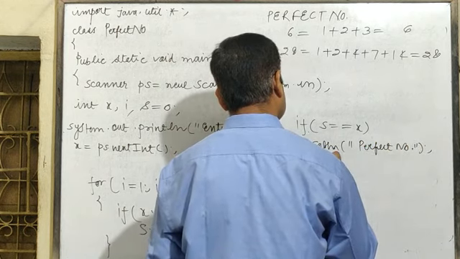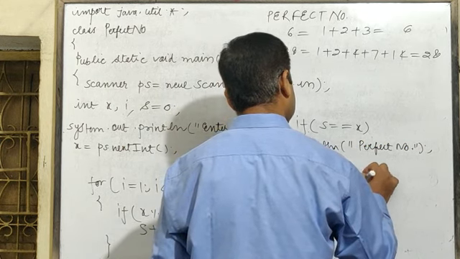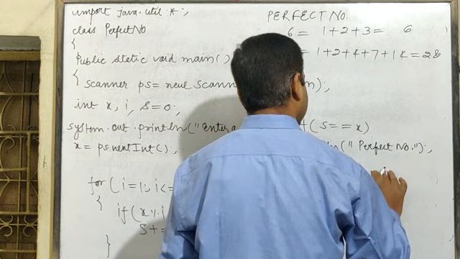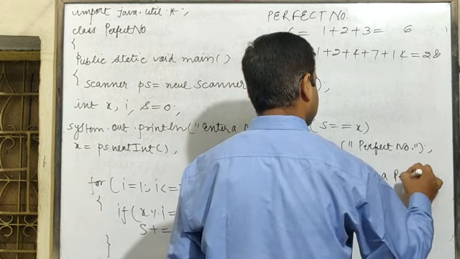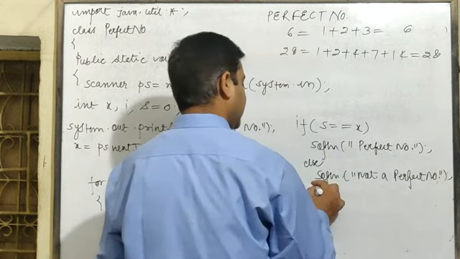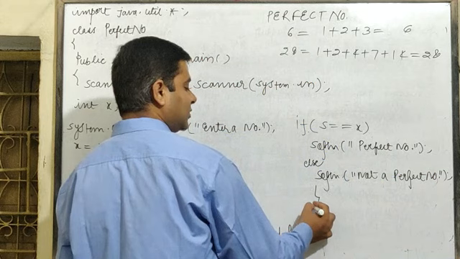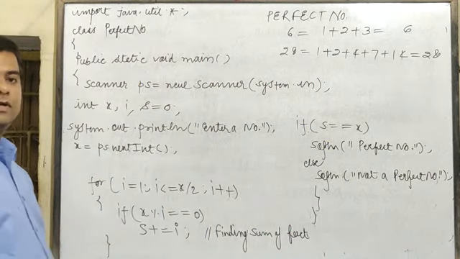Else, not a perfect number. And this is the closing curly bracket of main, and this is the closing curly bracket of class. So in this way, this is the program of a perfect number.